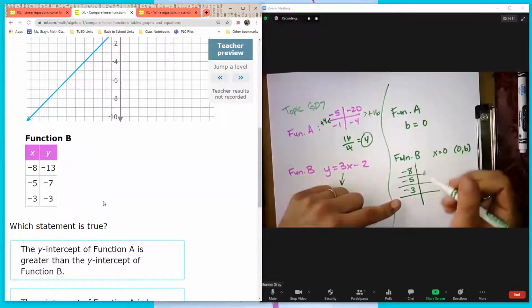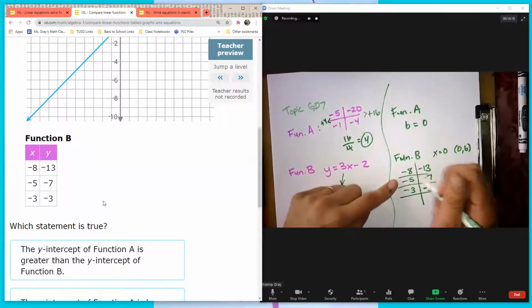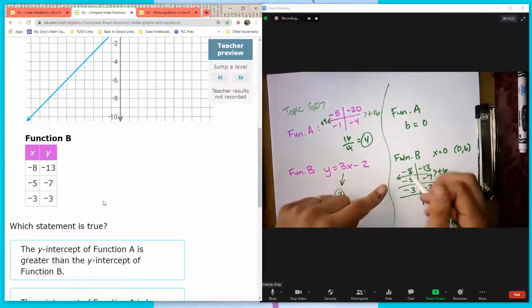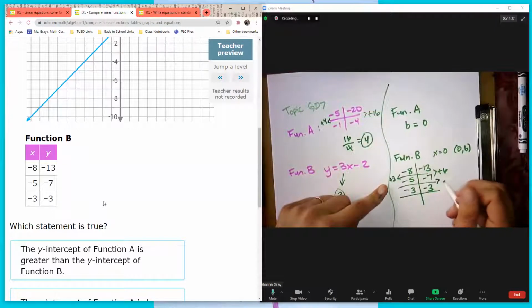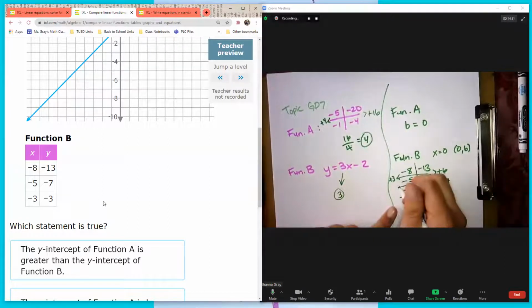Let's look at the slope here. So -13, -7, -3. So this is adding 6 and then adding 3 here, or adding 4.